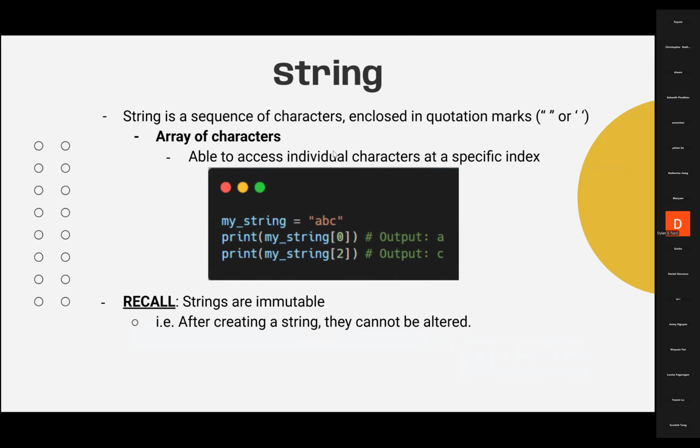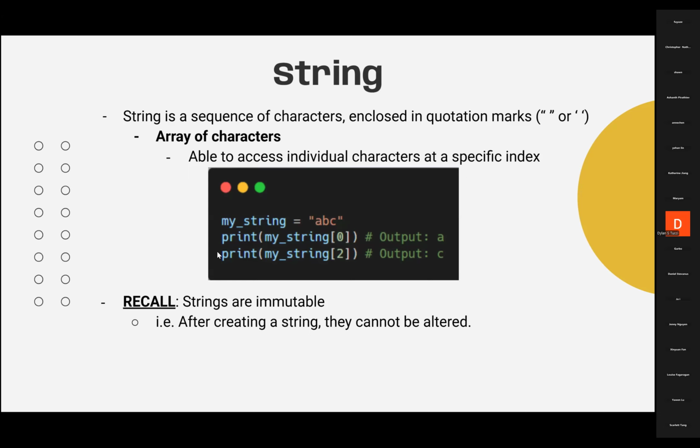To initialize a string, you can use the equal sign, put a quotation mark, type the string that you want to assign to the variable, and then put another quotation mark, one for open and one for close. For example, my_string equals quotation mark ABC quotation mark. That's how you initialize a string.